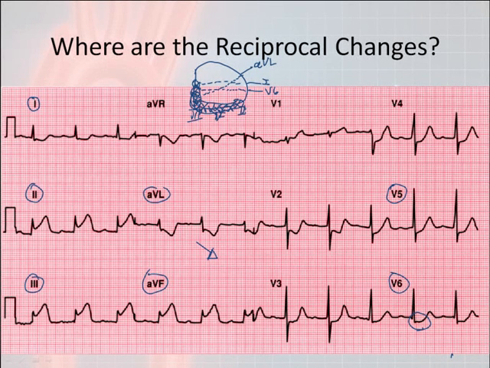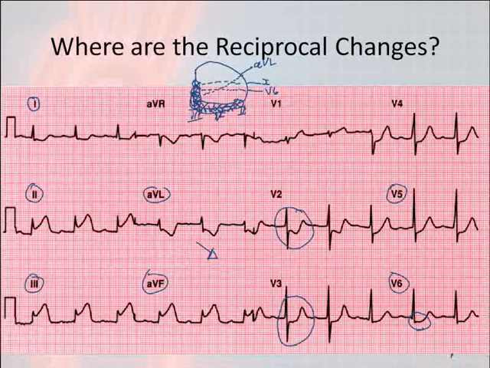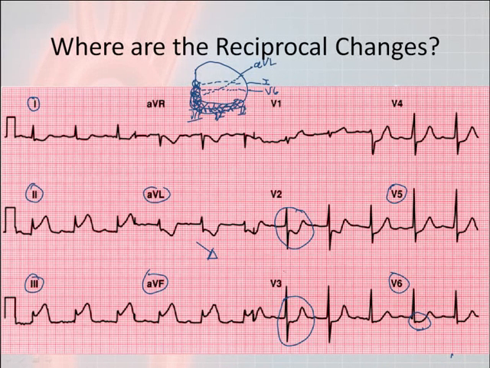Now all of a sudden, we're not just having an inferior wall MI anymore, are we? We're actually having a right lateral wall MI as well. There is some other ST segment depression on here that might be a little bit confusing. V2 and V3, this is considered reciprocal to the posterior wall.